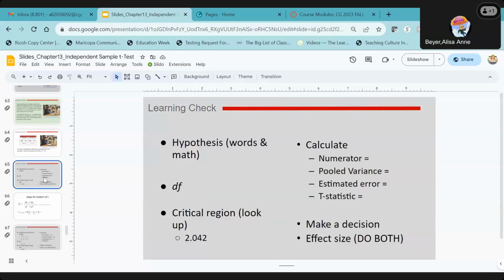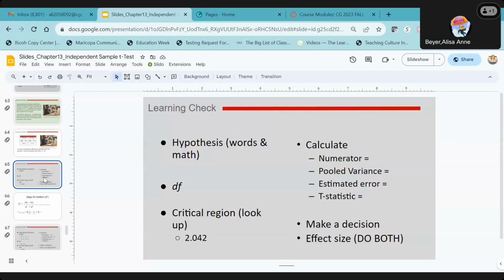When you go to set it up, remember step one is words and math. Then you have your degrees of freedom calculation. Our new one is now the total participants minus 2. You're going to look up your critical region. Again, you can look that up on the All Math website or that sheet of paper. I went and cheated and gave you the critical values, 2.042. Then you're going to need to calculate for step 3.